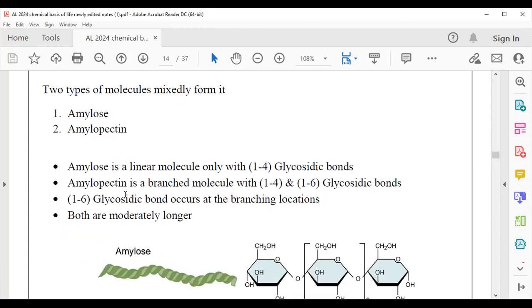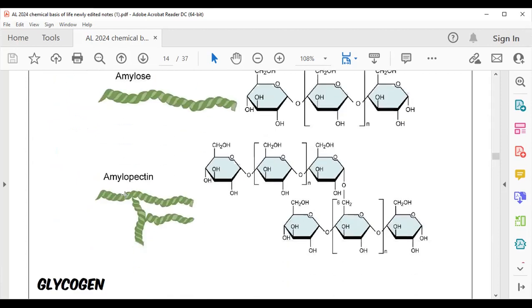Branching places have 1,6-glycosidic bond. Label it: this is 1,6-glycosidic bond. This is 1,4-glycosidic bond. This place you label as 1,6-glycosidic bond.